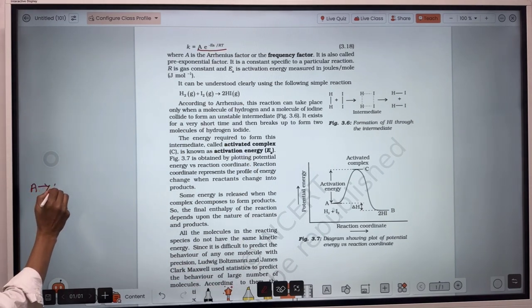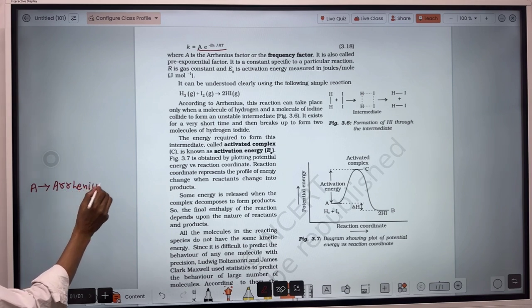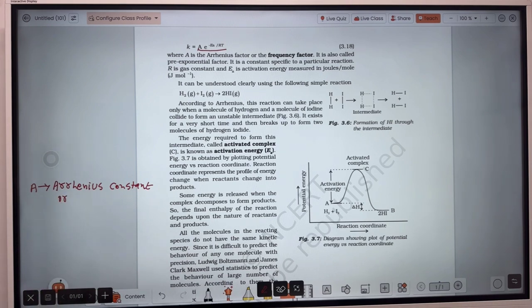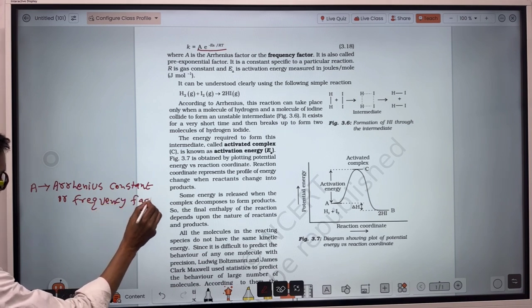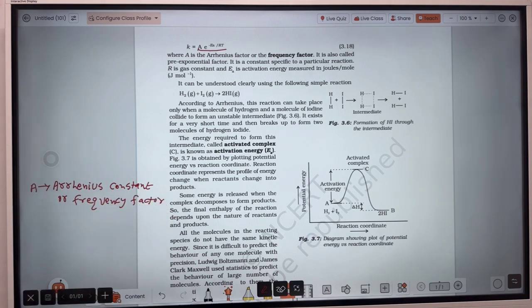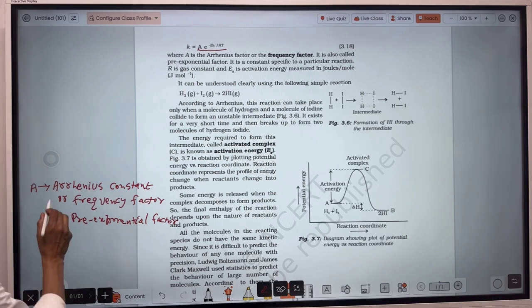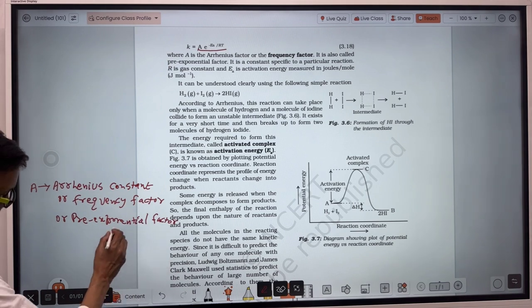Here A is called the Arrhenius constant, also called the frequency factor or pre-exponential factor.